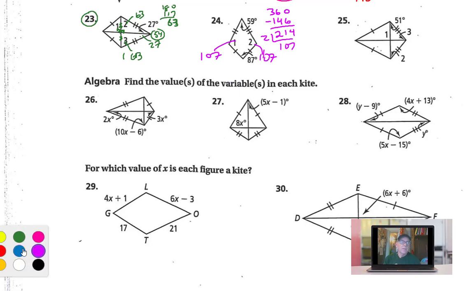So I get 25. This angle is 51. Well, angle 1 and angle 2 are going to be congruent, so angle 2 is 51. Together, these three make 180.